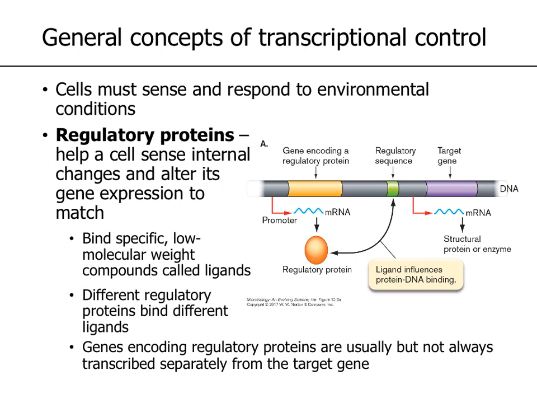All right, so that was the DNA level. So now we're going to go to the transcriptional level. We'll just talk about some of the general terms involved in transcriptional control. But the general idea is that the cells have to know when to turn on the genes and when to turn them off. And so they're always responding to something that's happening in their environment.